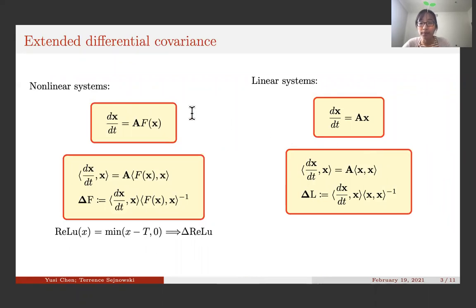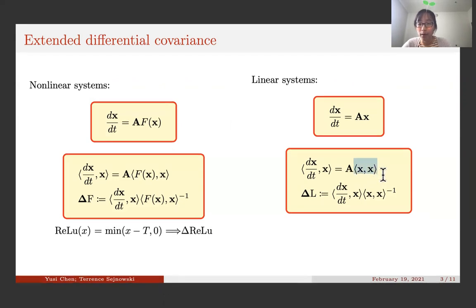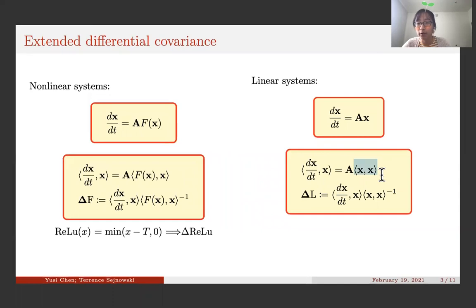Let's look at the derivation process on the right, using the linear system as an example. Here's the system equation. If we perform the outer product operation on both sides of the system equation and average over all time points, then the outer product of the signal with itself is just the covariance matrix, provided that it's centered.